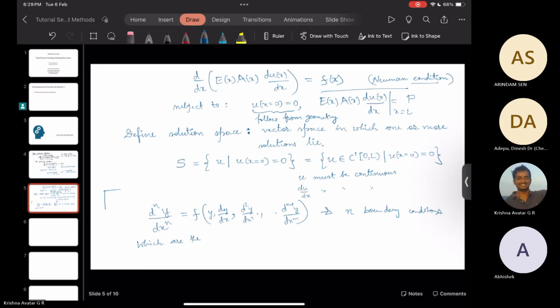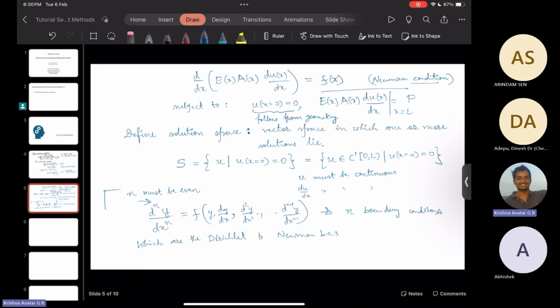I'll just call it BC. From the elliptic theory of operators, n must be even. And this usually happens for mechanical problems, that n always tends to be even numbered.